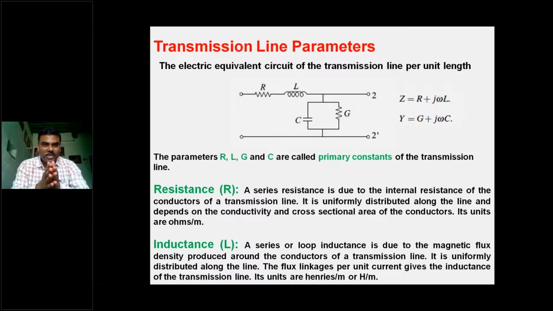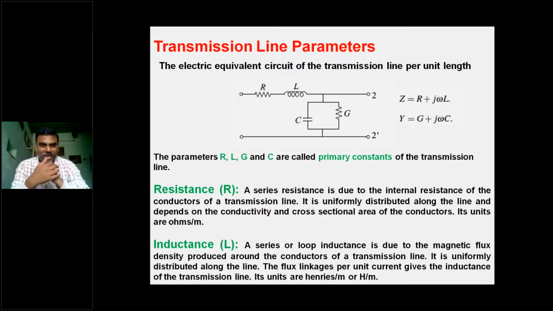Whatever the equivalent circuit of the transmission line is, it is indicated over the unit length only. That same circuit is repeatedly connected in series over the entire line. Over that particular unit length, R, L, G, and C are known as the primary constants or primary parameters of the transmission line.